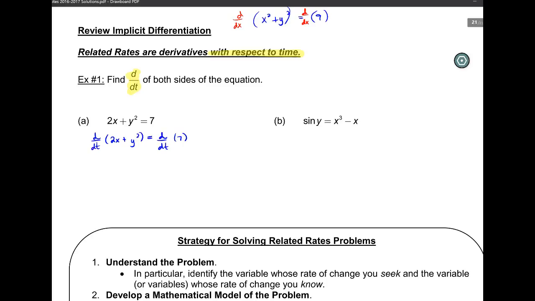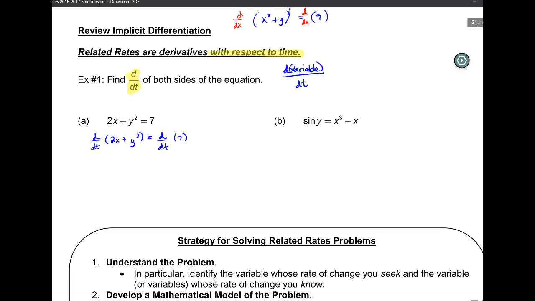Now, before when we did this, we did d dx, and anytime we encountered something with x, we just did the derivative like normal. But now, since we're taking the derivative with respect to t, basically in every situation, it's going to be d of whatever the variable is over dt at the end.